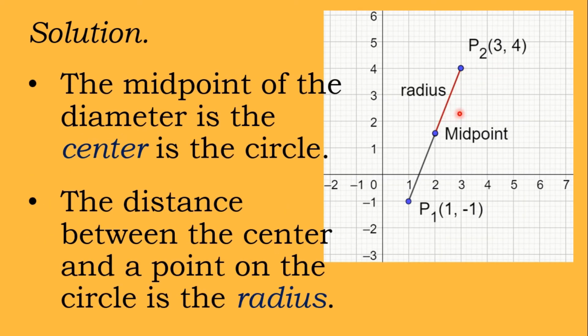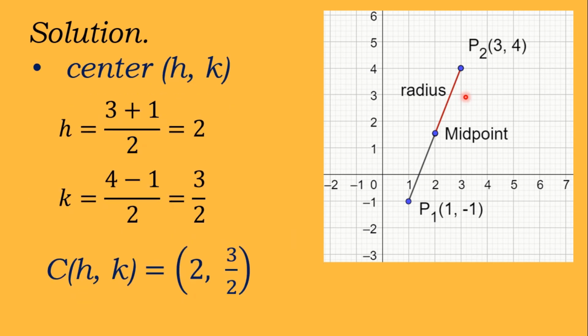The midpoint of the diameter is the center of the circle. The distance between the center and a point on the circle is the radius. Let us solve the center.